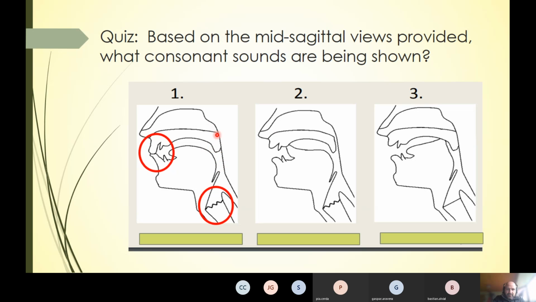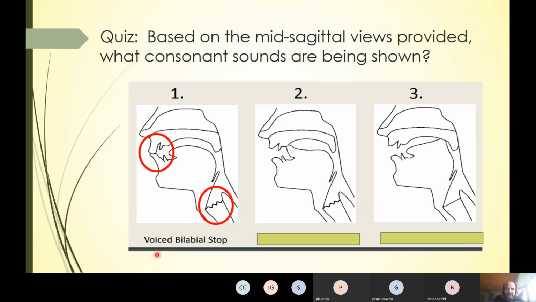So the airstream cannot escape through the nasal cavity, whereas in image number 2, you can see that the velum is down, so there is some room for the airstream to escape through the nasal cavity.